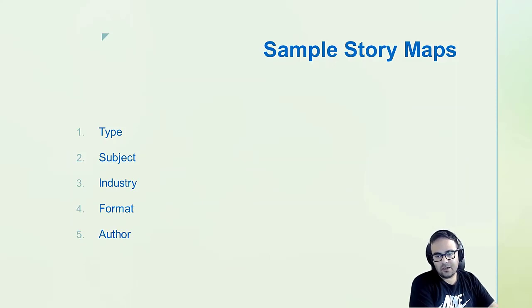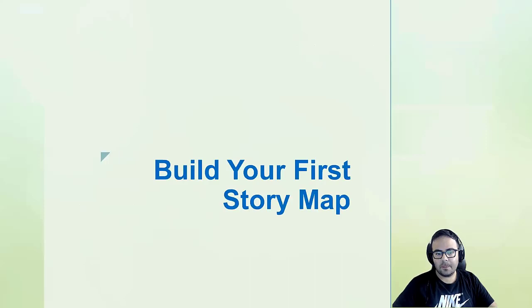If you are focused on a specific industry, environmental, for example, or retail stories, you want to find those types of stories, see what other people are talking about. Still, you have your own creativity, but you can see how those stories are being made. And you can then start building your first story map.